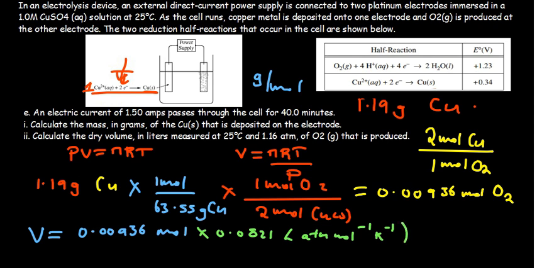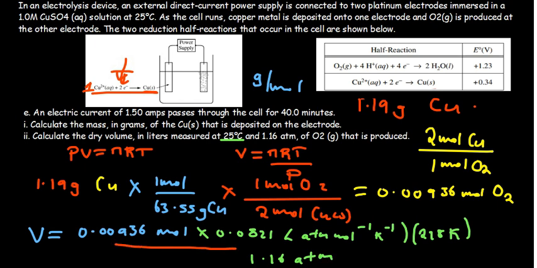So the 25 degrees Celsius, in our formulas we use Kelvin, so you add 273, you'll be able to get 298 kelvins. All these values are to be divided by the pressure, which has been given to be 1.16 atm.